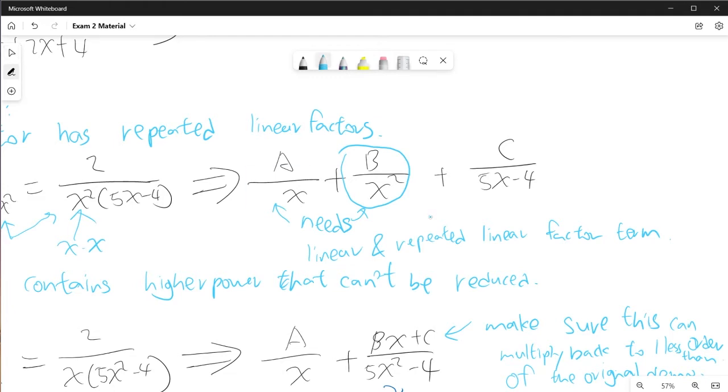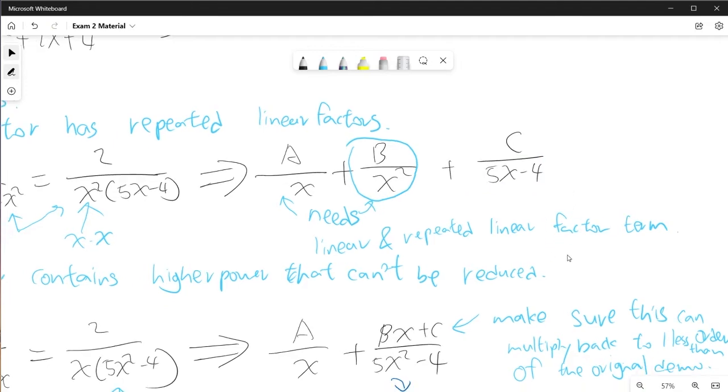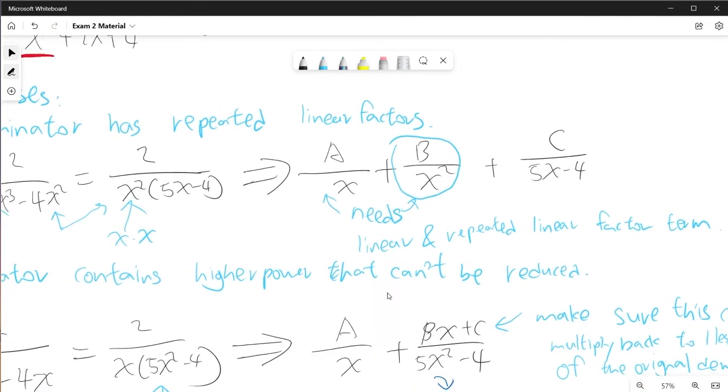If you have a repeated linear factor, you need to write out the first linear factor term, and then the square of that, and then all the way up to however many times that linear factor is repeated, right? If you have x cubed over here, then you have a over x plus b over x squared plus c over x cubed, and then plus d over whatever.